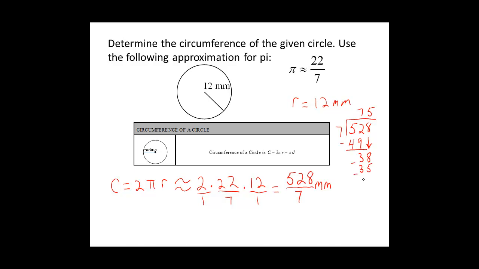And when we subtract, we get 3. So 3 is our numerator, and 7 is our denominator. So this answer as a mixed number is 75 3/7 millimeters. This is the distance around the circle.